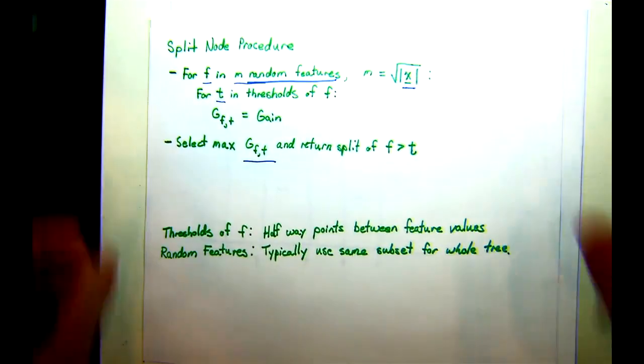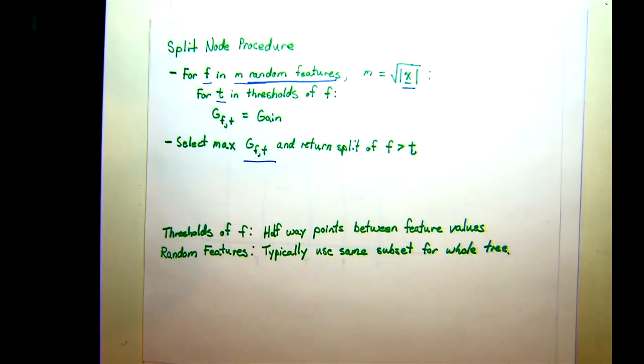All right, so now we want to talk about random decision forests. A random decision forest is just a bunch of random trees. So like we just said, we called that procedure, yes? Sorry, this is about the slide before. Oh, sure. What's up? It said return split for f is greater than t. What does that mean?